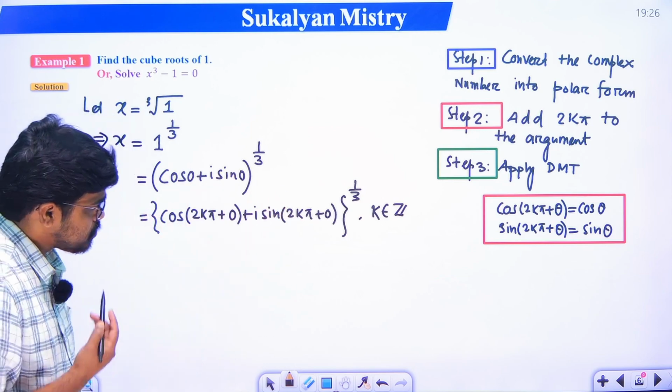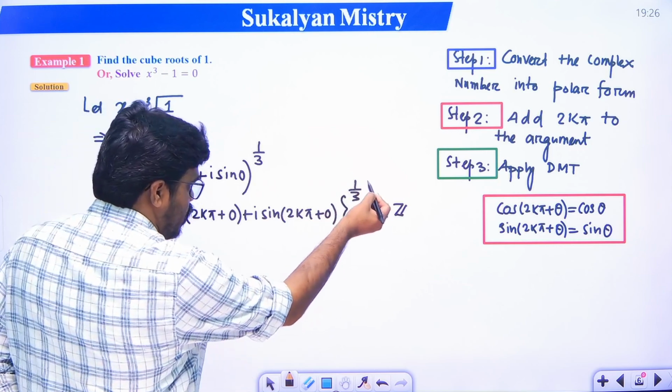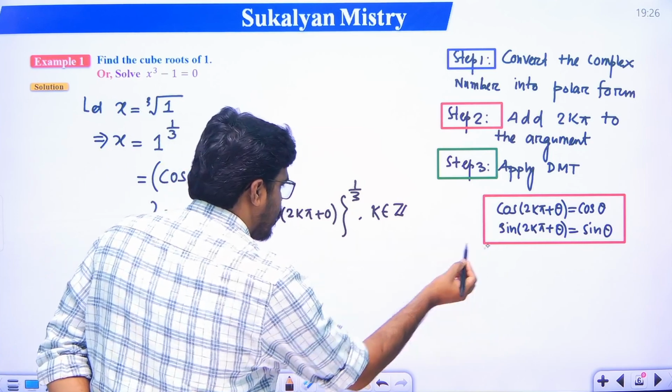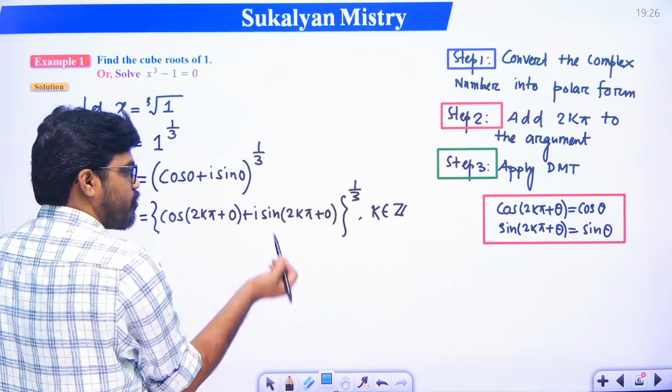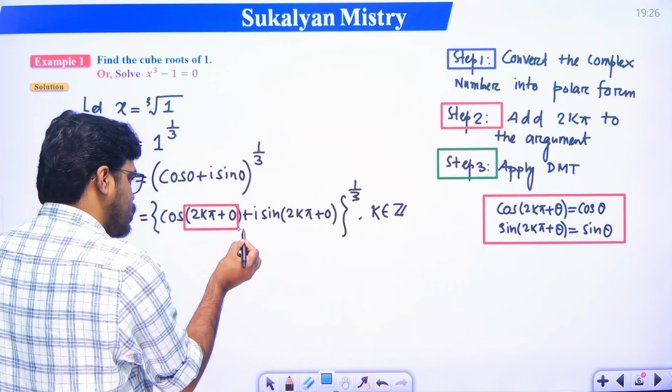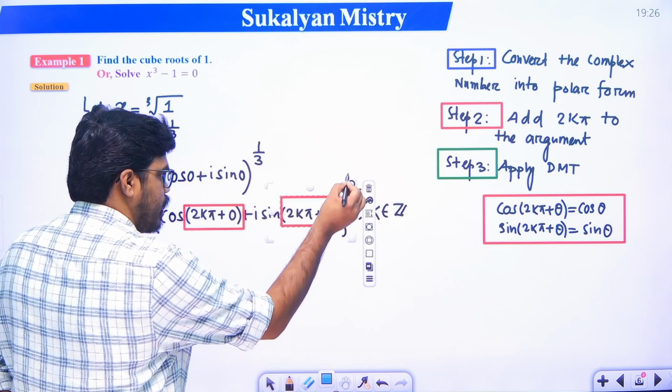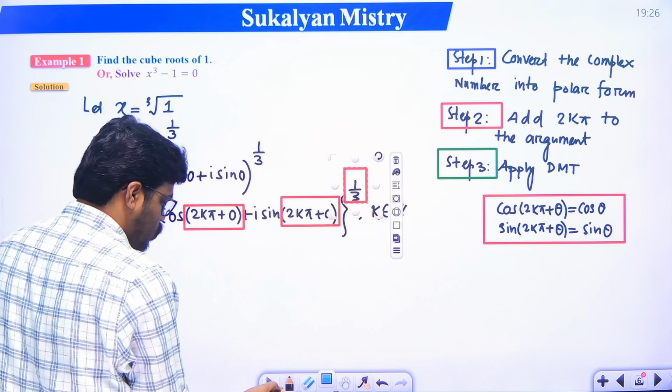Okay, so now the power will be multiplied with the angle, right? Since n is a proper fraction, this is the angle, and we multiply the power with it.